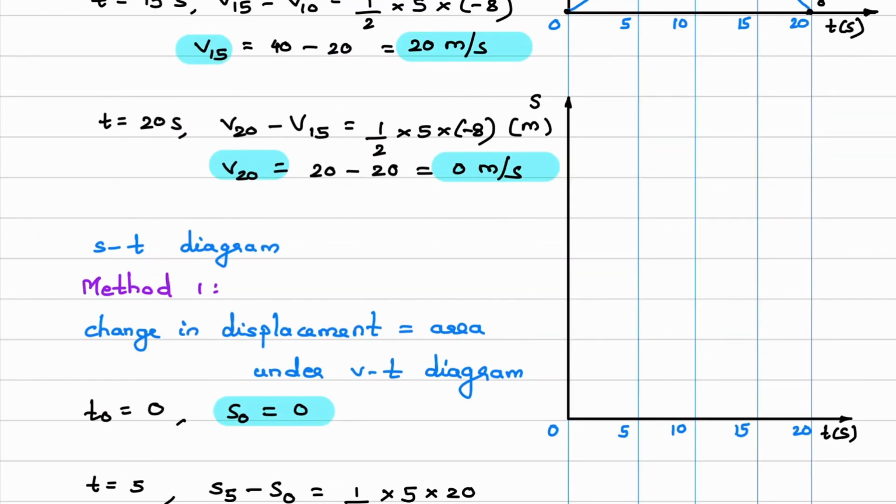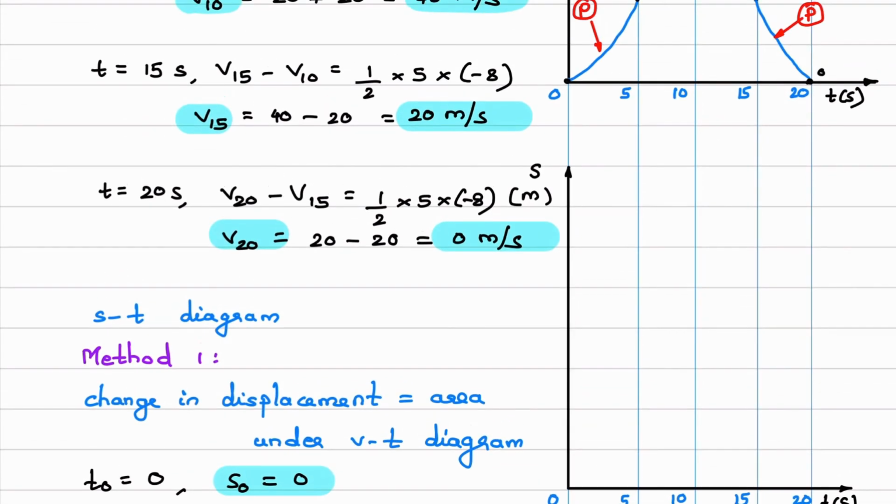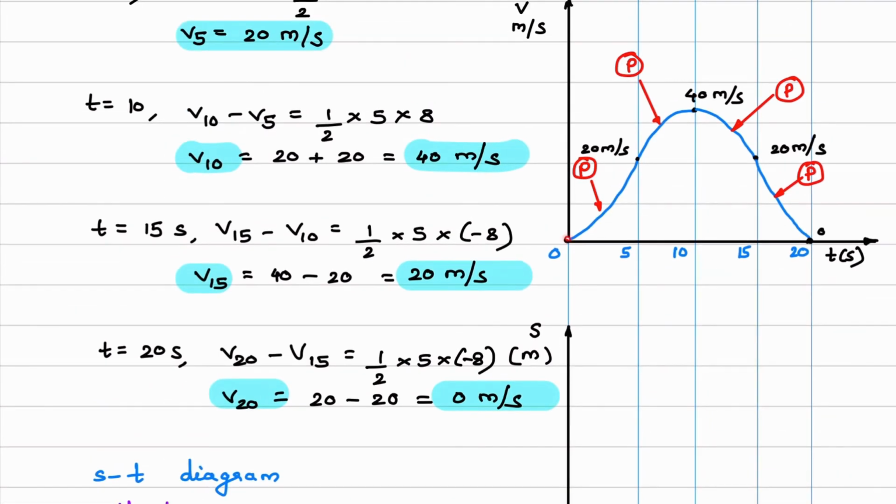Now we will understand how to draw this curve. Okay, now what is velocity? Velocity is ds by dt. So velocity is slope of ST diagram. Now from 0 to this 40 meter per second, velocity is continuously increasing.